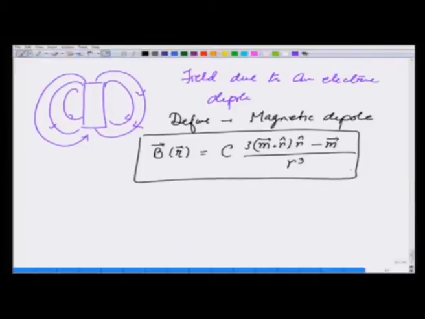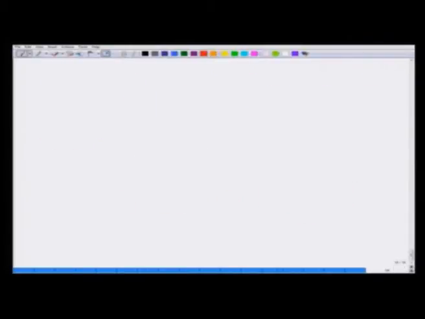This is in parallel with the way we defined electric field for an electric dipole, which was 1 over 4 pi epsilon 0, which I am representing by C for the case of magnetic field, times 3 (p dot r) r minus p over r cubed.